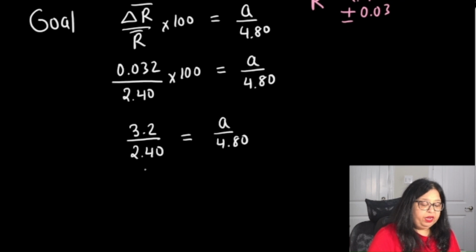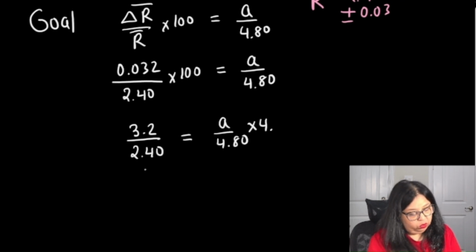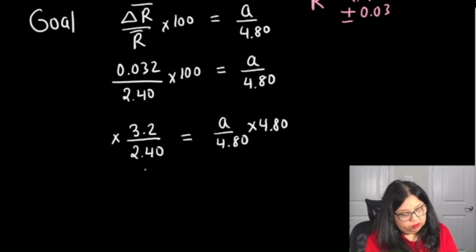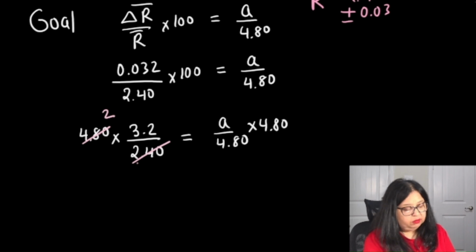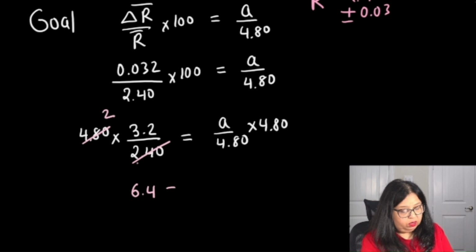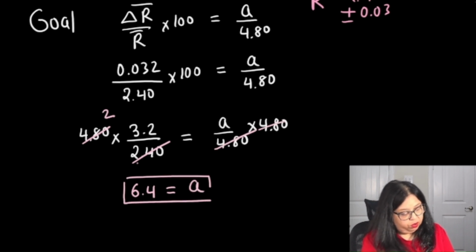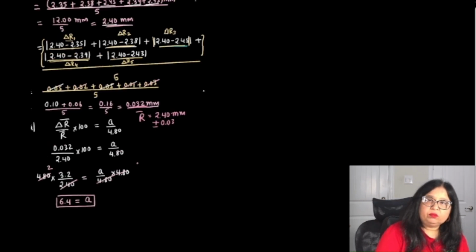We want to solve for A, so go ahead and multiply both sides by 4.80. 2.40 goes into 4.80 2 times, and 2 times 3.2 is 6.4. So your A equals 6.4. This is your answer.